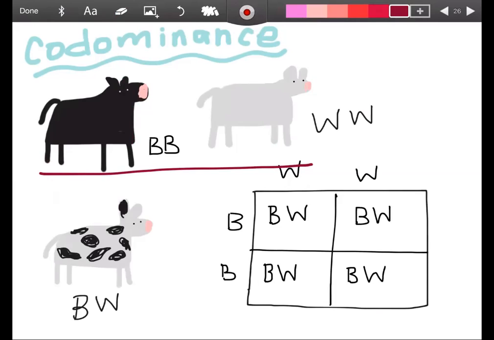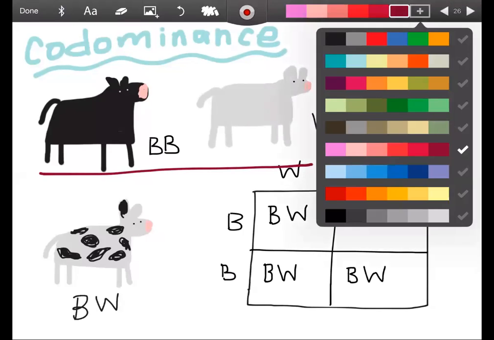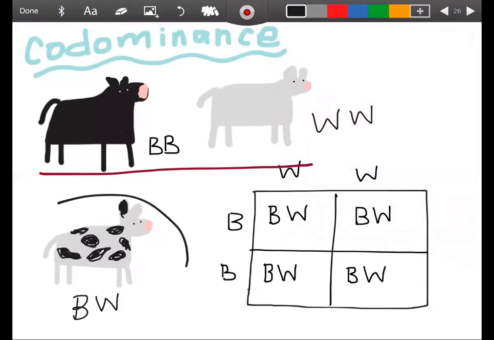But with codominance, it's not going to be like Mendelian genetics. It's not going to have one gene dominating the other in the phenotype. In codominance, it's going to express both of the genes. So in this case, the resulting offspring would express both white fur, essentially, and black spots.